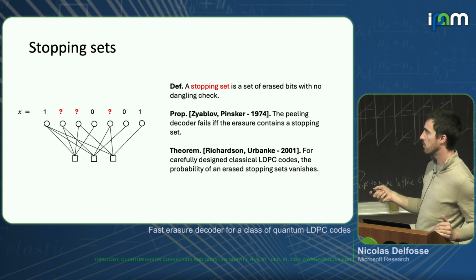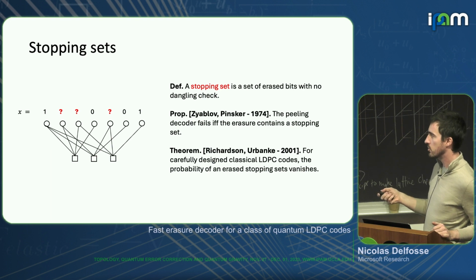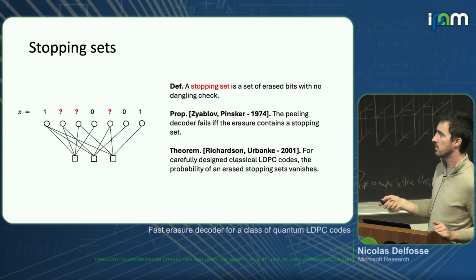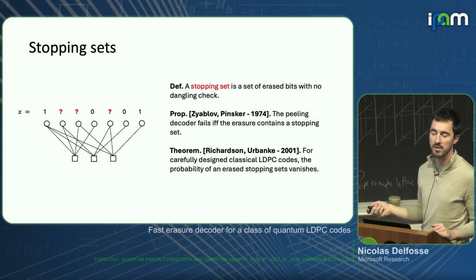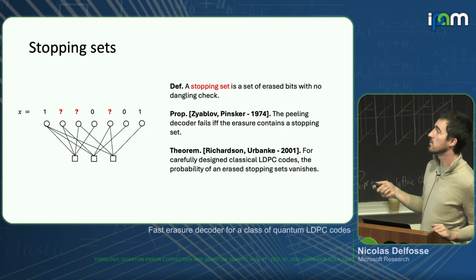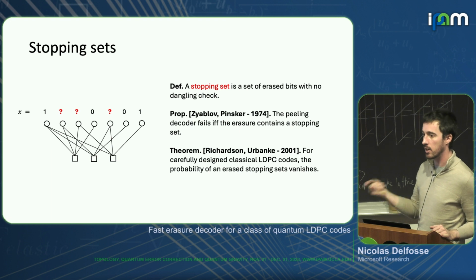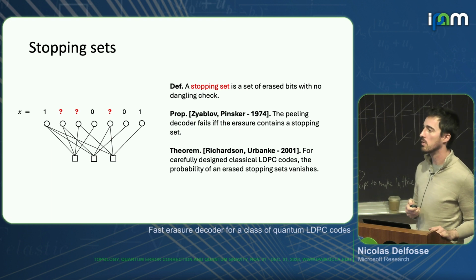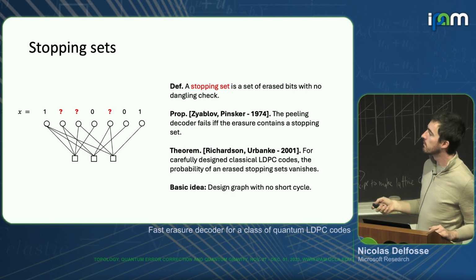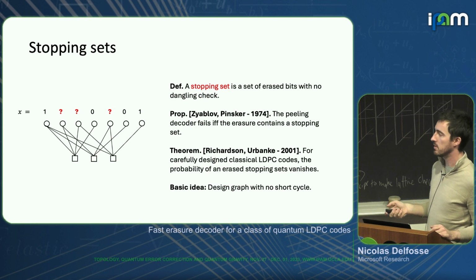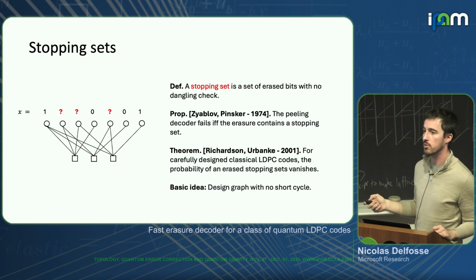It's what Richardson and Urbanke did. With the erasure channel, they designed codes such that by selecting the graph in a careful way, you can show that there is no stopping set with high probability. So the algorithm never fails, and you can decode with probability that goes to 1. The basic idea is to design a graph with no short cycle, with large girth.